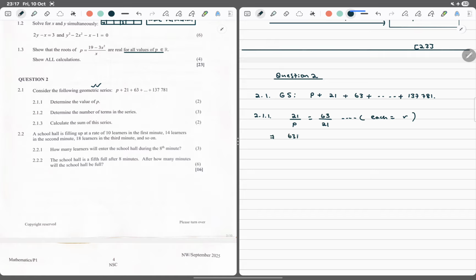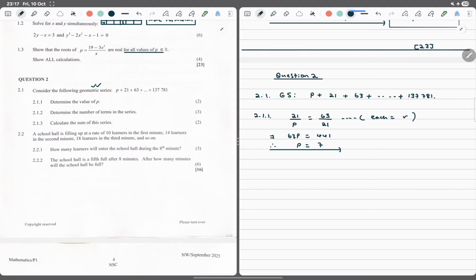So 63p is going to be 21 squared, which is 441, right? So p is going to be 441 divided by 63. This is 7.